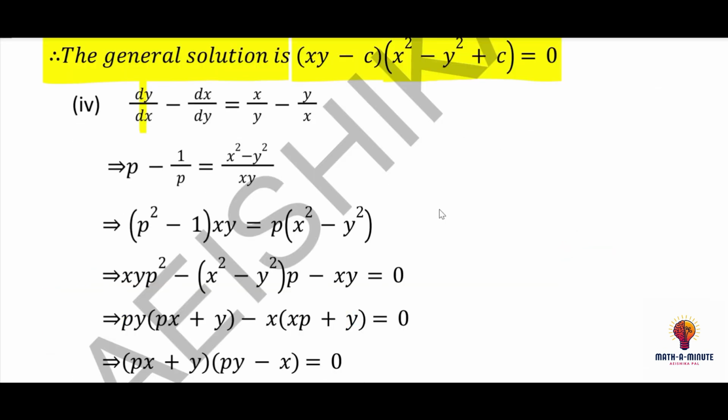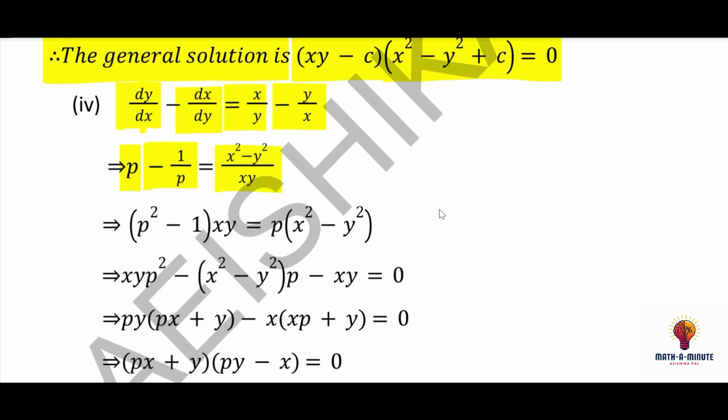So here the given differential equation is dy/dx minus dx/dy equals to x by y minus y by x. So we can write this differential equation in the form of p minus 1 by p equals to (x square minus y square) divided by xy.